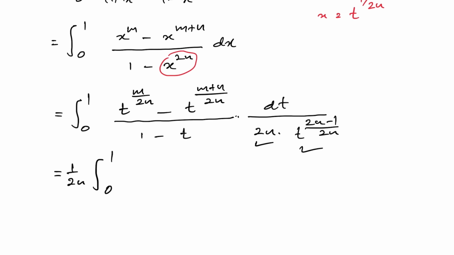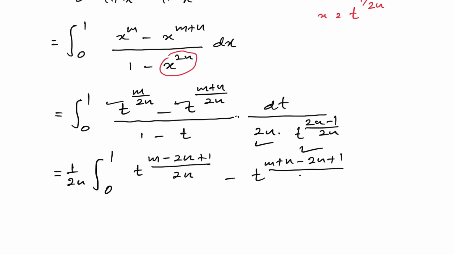Now we have t to the 2n minus 1 over 2n, so t can be simplified, giving t to the m minus 2n plus 1 over 2n, then minus t to the m plus n minus 2n plus 1 over 2n, over 1 minus t dt.